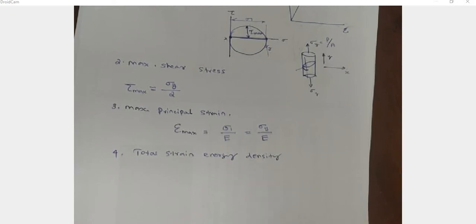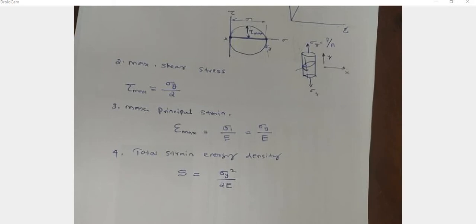You already studied strain energy. It can be calculated using half into stress into strain. From this we can calculate sigma y square by 2E. That is the strain energy.